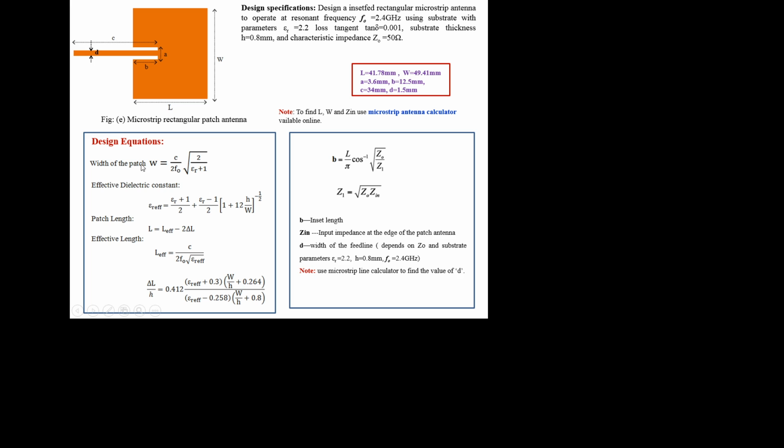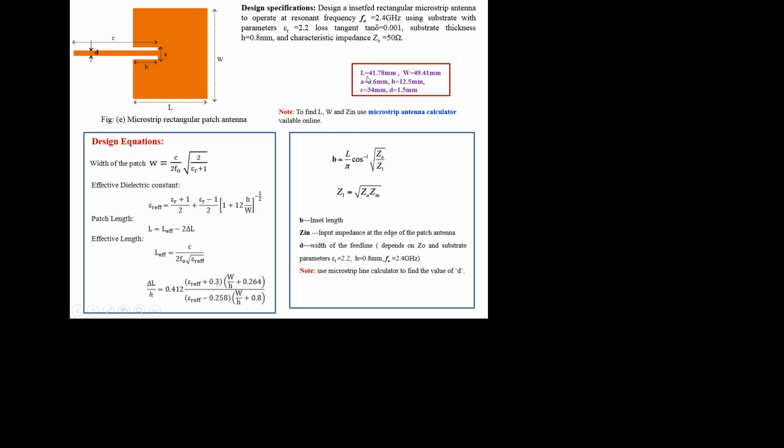The width of this microstrip line is obtained using a microstrip line calculator. Substitute the given parameters here: epsilon, thickness and frequency. We will get the width of this line, that we have to substitute here. Usually for this particular problem we got d equal to 1.5 mm, so we have to take d as 1.5 mm here.